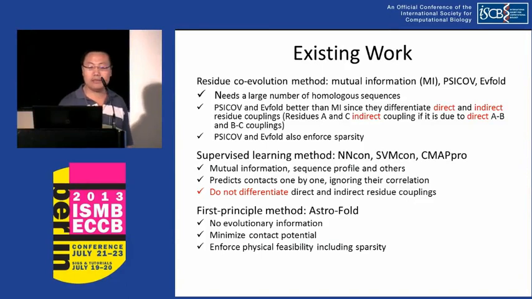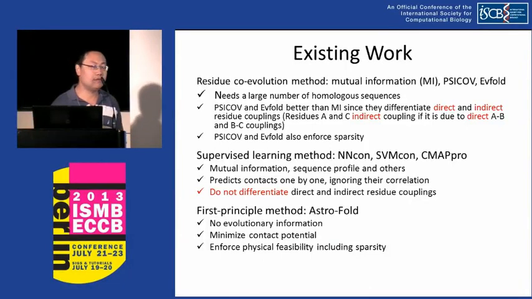The second category is the supervised machine learning methods, like NNcon, a neural network-based method, SVMcon, and the recent CMAPpro. These machine learning methods integrate several kinds of information like mutual information, sequence profile, and other information. But they usually predict the contacts one by one, ignoring the correlation between contacts, and they don't consider the direct and indirect residue couplings.